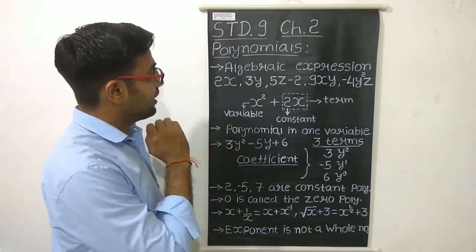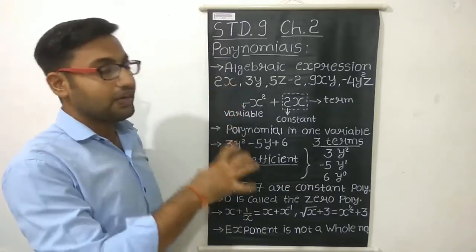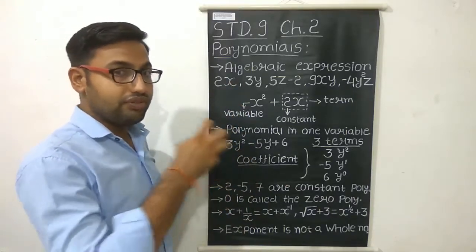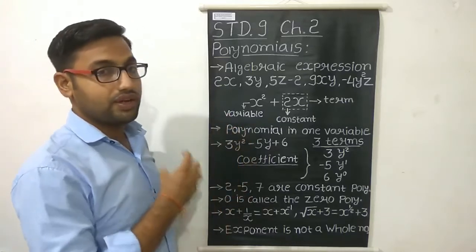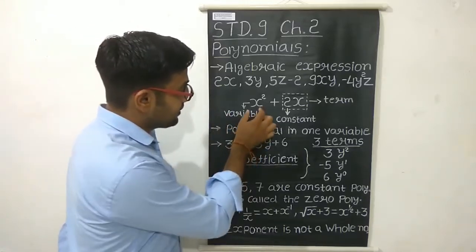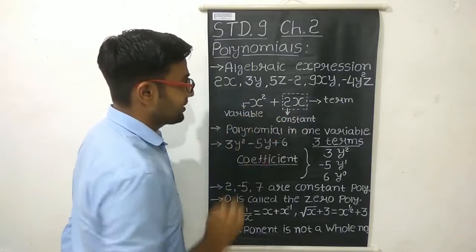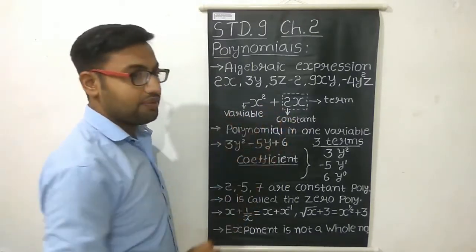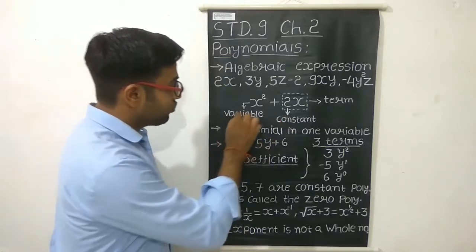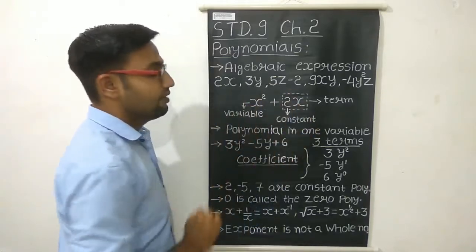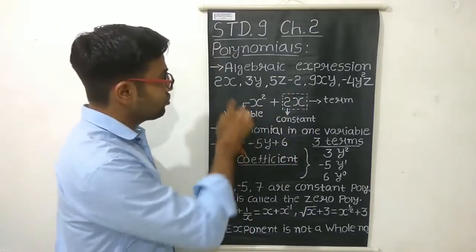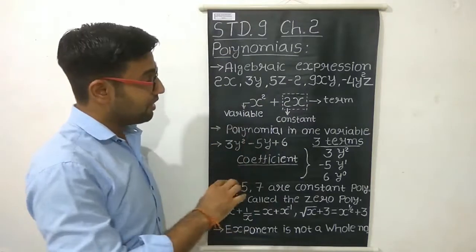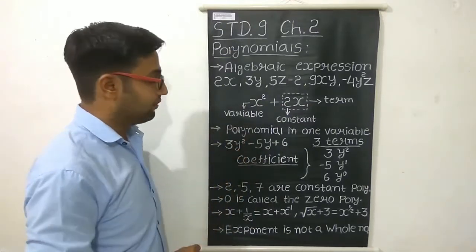As I said, we have to study some particular types of polynomial which have only one type of variable. One example is this: x square plus 2x. This is an expression. Is there only one variable? Yes. So we can say that this is a polynomial, which is also an algebraic expression, but the variable is only one.